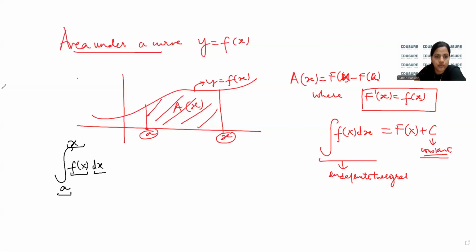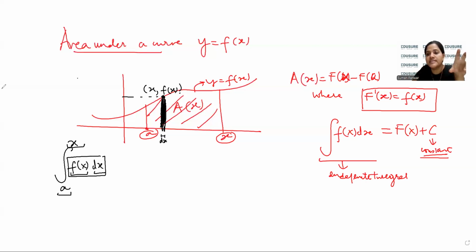Suppose you have a very thin rectangular strip whose width is dx, and it is so thin that the height can be considered as f(x), for some point x comma f(x). So the area of this rectangular strip is nothing but f(x) dx.